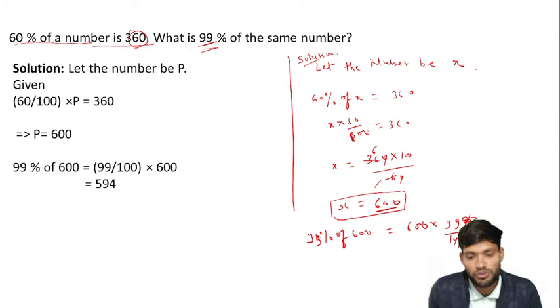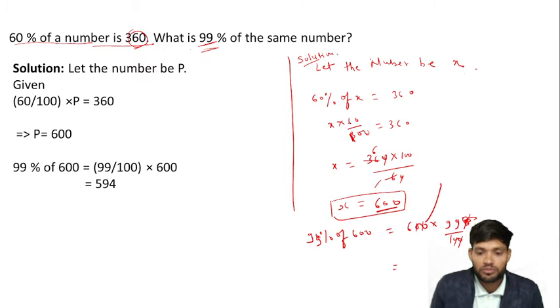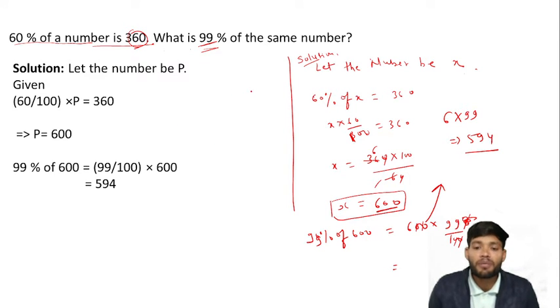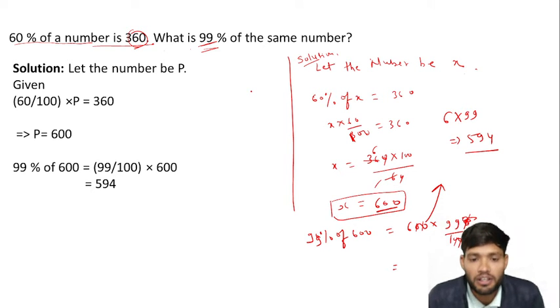Now cancel the zeros, then multiply it. 6 into 90 is equal to 540. Means the 90% of the same number will be 540. This is the solution. I hope you clearly understand.